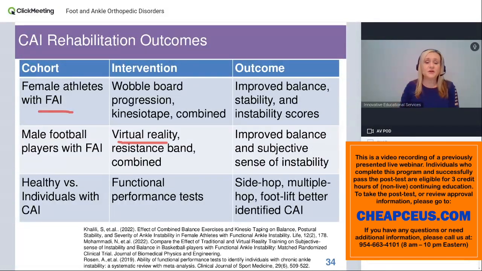And we could see that translate into so many different populations, not just our adult population, but our elderly population as well as pediatric. Looking at some specific performance instruments and what directions of movement for work or function gave the most feedback related to individuals with chronic ankle instability.